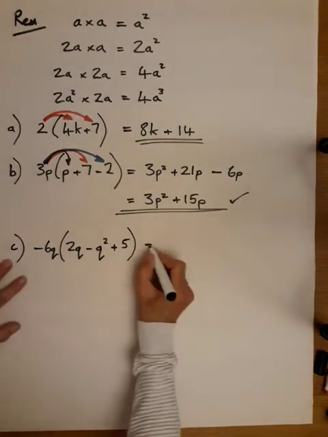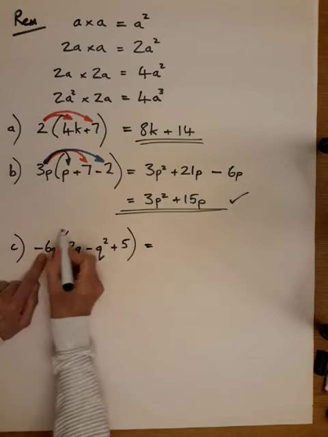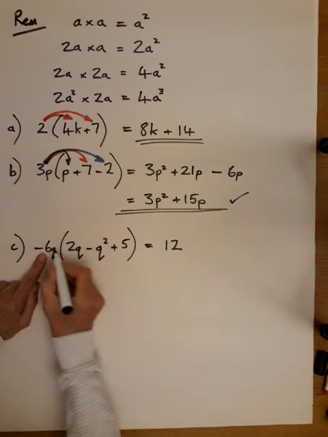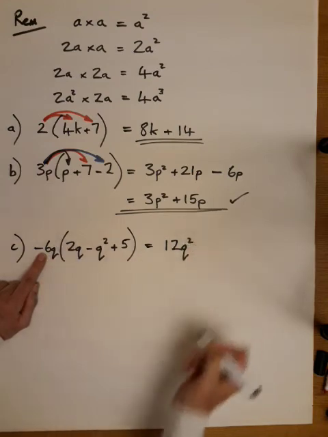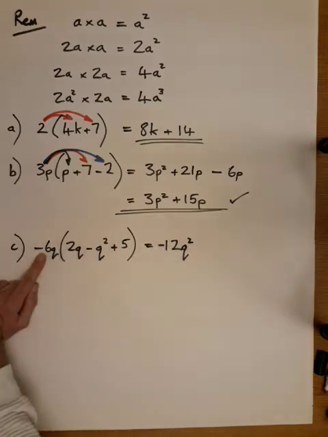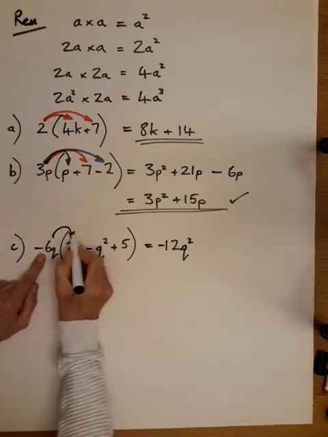Let's deal with that now. We'll deal with the minus sign in a second. 6 times 2 is 12. Q times q is q squared. Minus times a plus is a minus. So that was just that term.